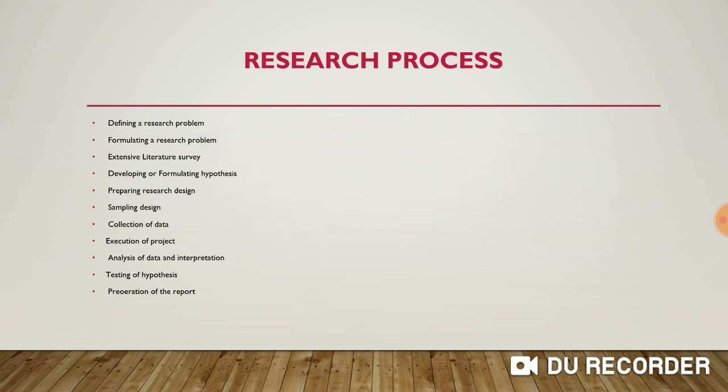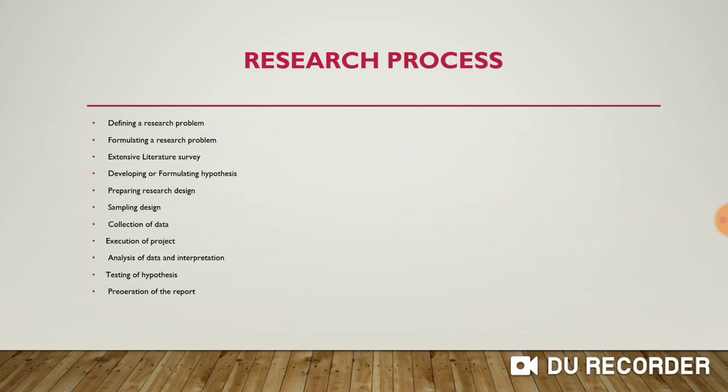Once the research problem has been defined, the researcher needs to write the research problem. Formulating the research problem is a very important activity of doing research. While formulating the research problem, the researcher needs to consider many things.